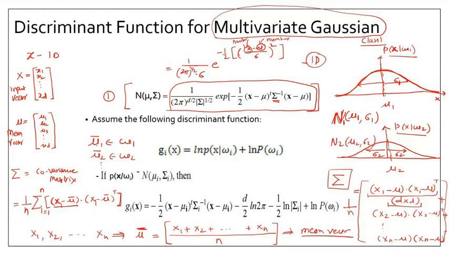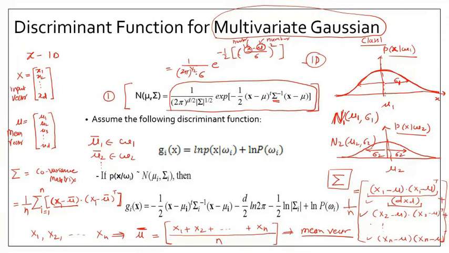Once you obtain the vectors, you take the samples belonging to each category separately once again. You take the first sample, subtract the mean from it, take the transpose of that and do the outer product. You will get a matrix, keep that aside. Then you take the second sample, subtract the mean, take the transpose of it, do the outer product like this, and keep on doing this for all the samples belonging to that class.